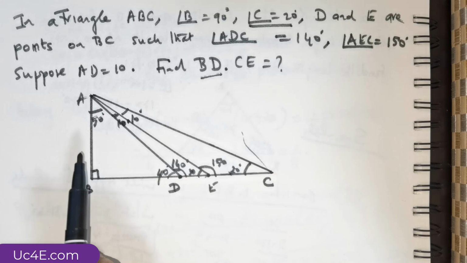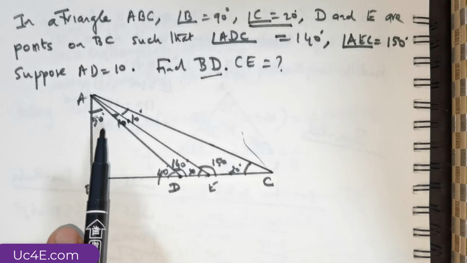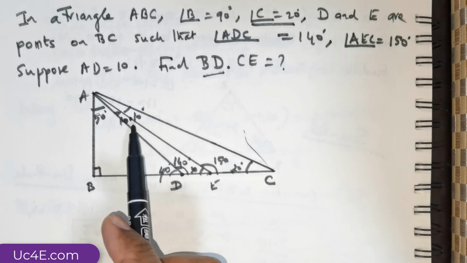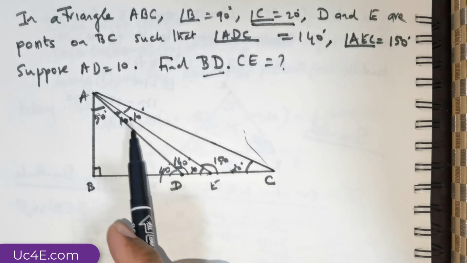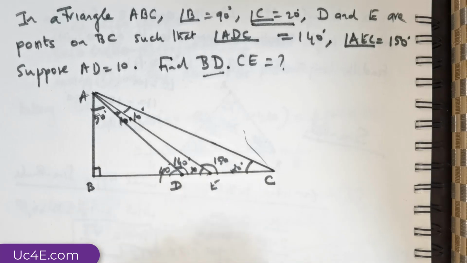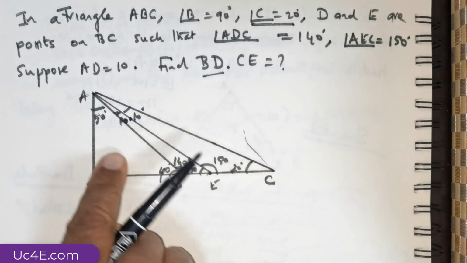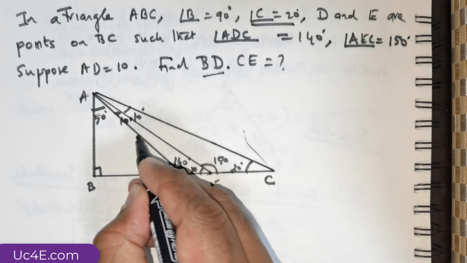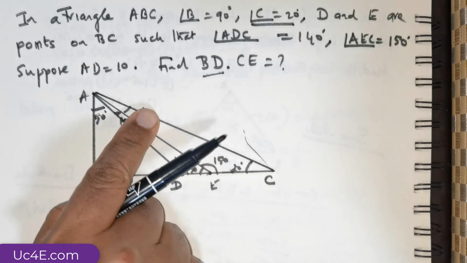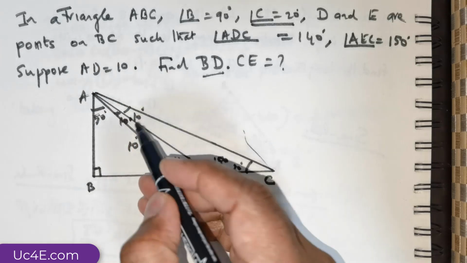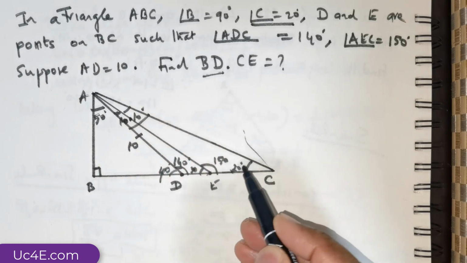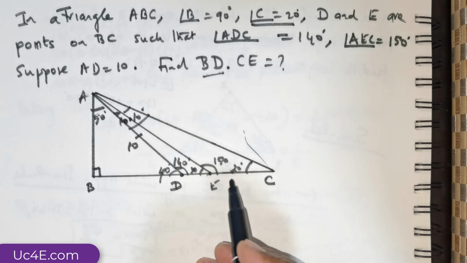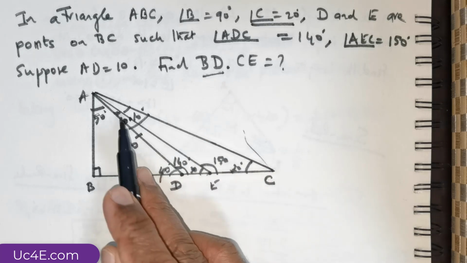So if you were to see this entire triangle, now this entire angle is 20 degrees, this is 20 degrees. So that would mean we got another measurement. We got AD is 10, so this is going to be 10. Now this angle is 20, this entire angle is 20. So that would mean we got an isosceles triangle and the base angles are same.